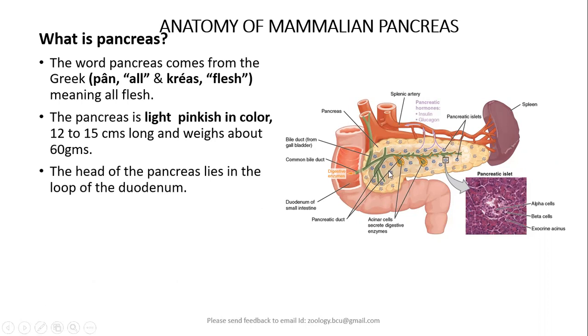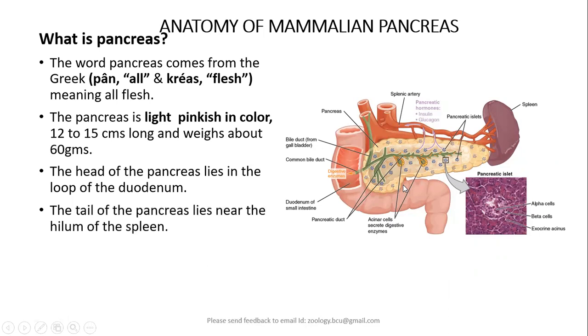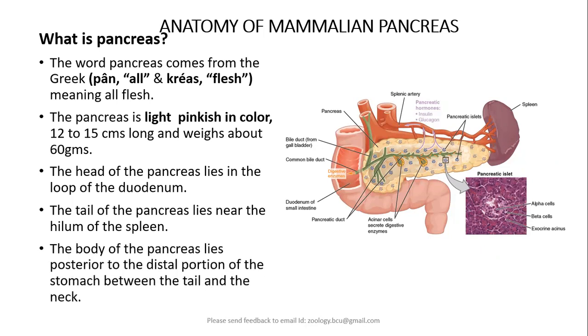And as you see here, the anatomy of the pancreas shows three important parts: head, body, and tail. The head of the pancreas lies in the loop of the duodenum, and the tail of the pancreas lies near the hilum of the spleen, that is the concavity of the spleen.